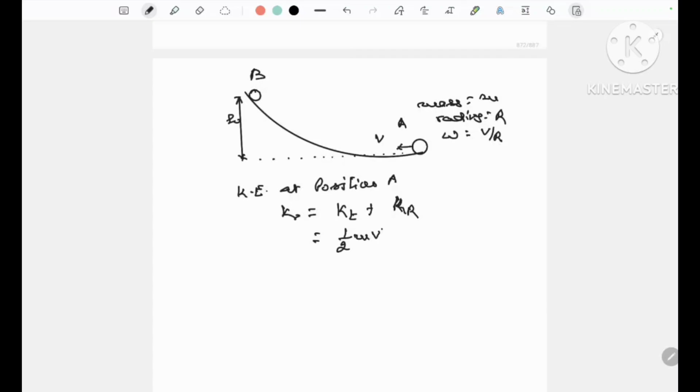Translational will be half mv square and rotational will be half I omega square.